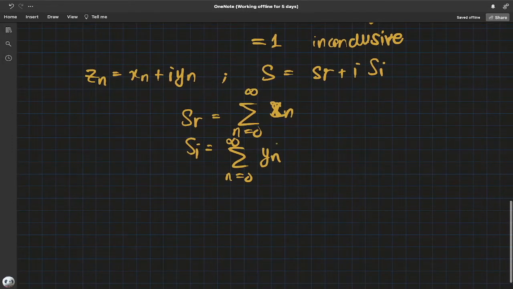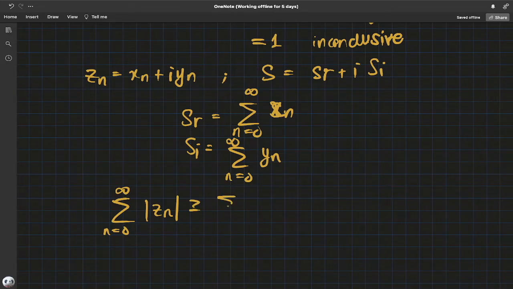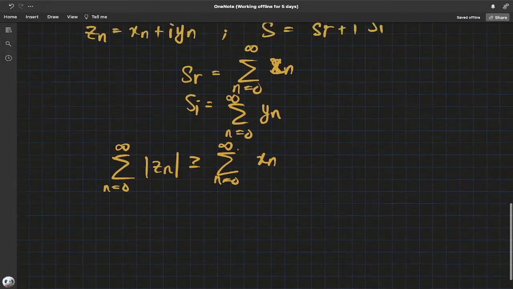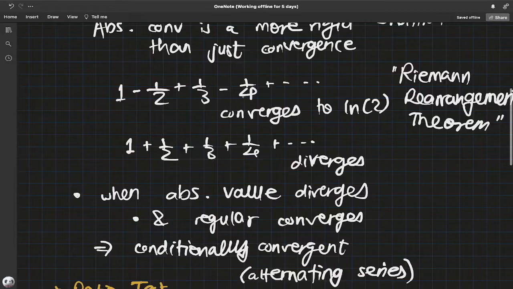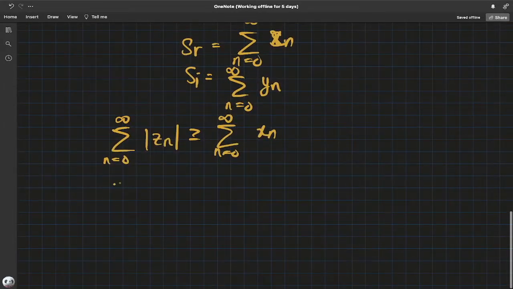So as a whole, the complex series will converge, because if you do this sum from n equals 0 to infinity, we have this property. You can use a similar logic as I used on top. And we also have this property.